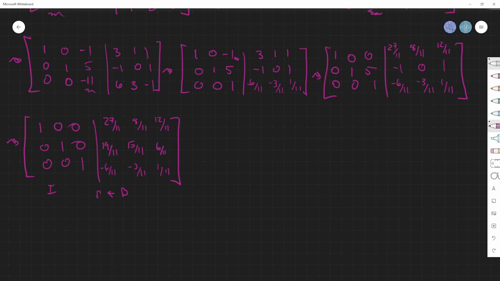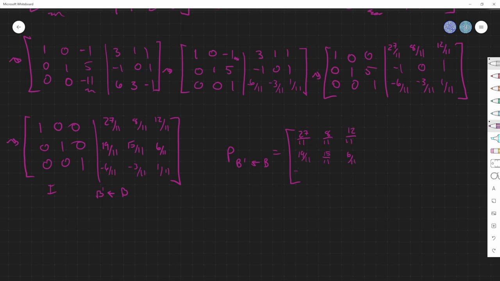Oh my gosh. Our answer, which is kind of whack because of the fractions, but that's fine. They played nice. It wasn't fractions on fractions. Our answer is going to be 27 over 11, 8 over 11, or a change of bases. 19 over 11, 15 over 11, 6 over 11.